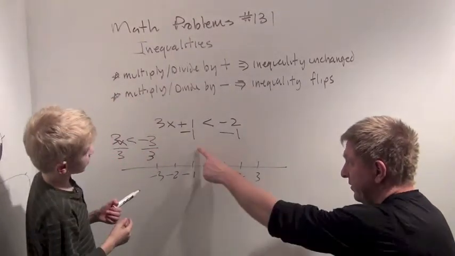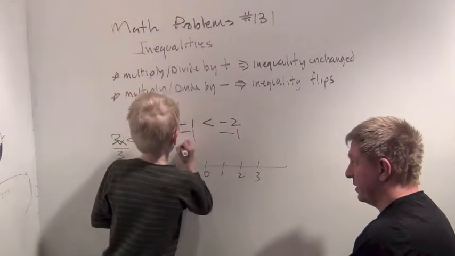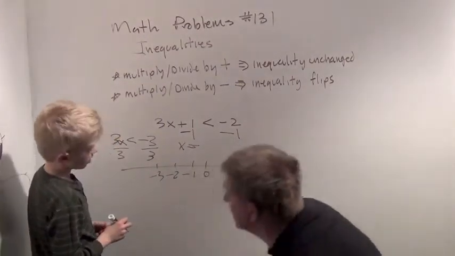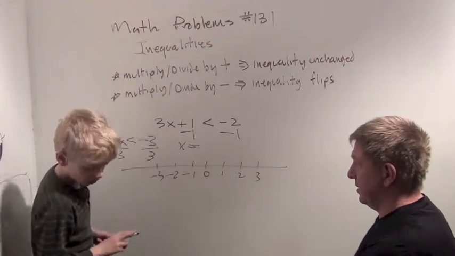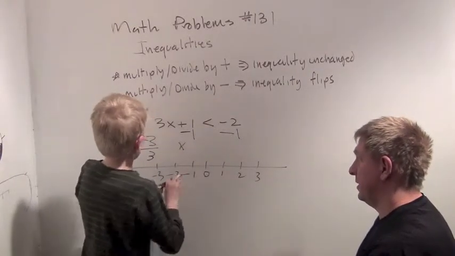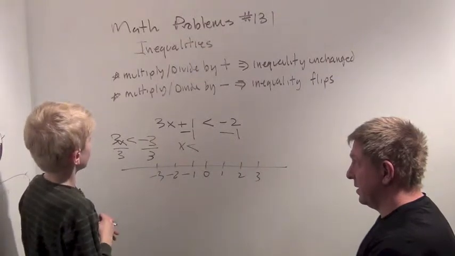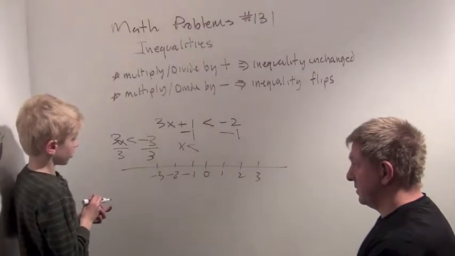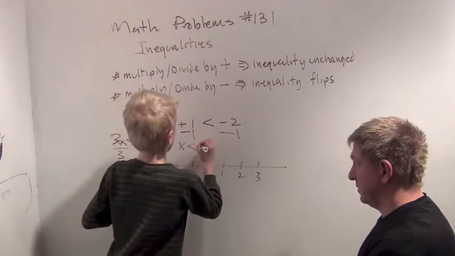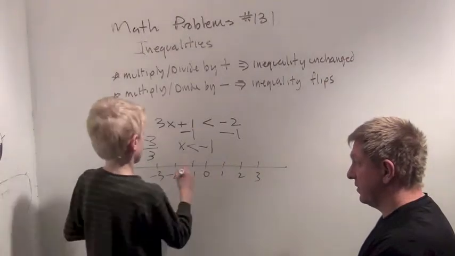What do you get when you divide both sides by 3? x is less than, now if we divide by 3, the inequality is going to stay the same, so it's going to be minus 1. So we get x is less than minus 1.